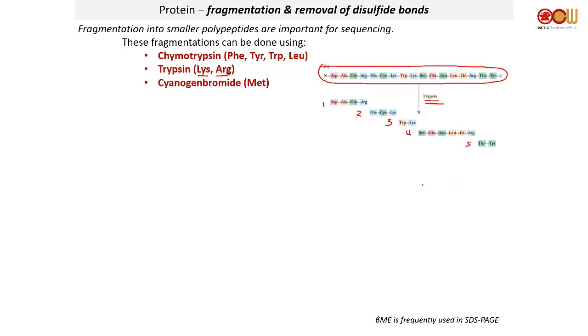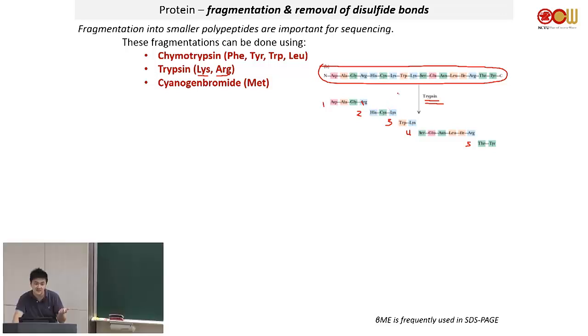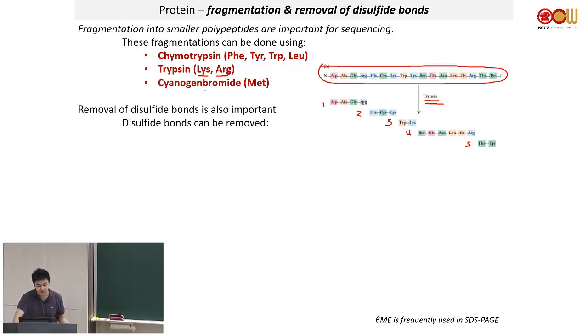That immediately tells you how many lysines or arginines you have, right? It already tells you some information, because you know that trypsin is specific for lysine and arginine. So at least you know that you have 4 lysine or arginine. So it's very useful to use these specific ways of chopping up proteins instead of a random way.